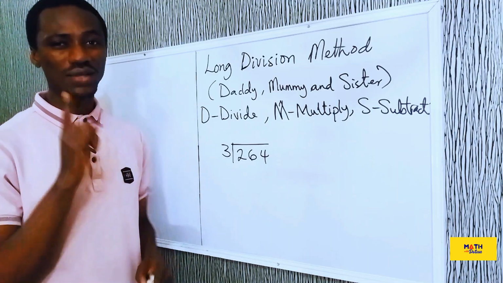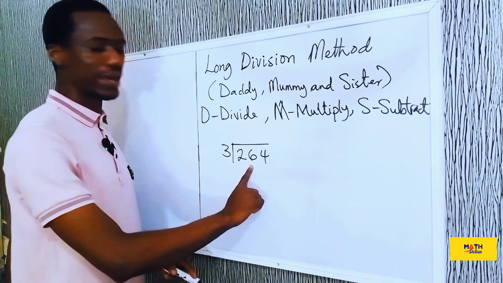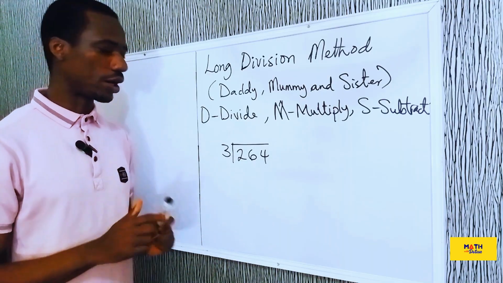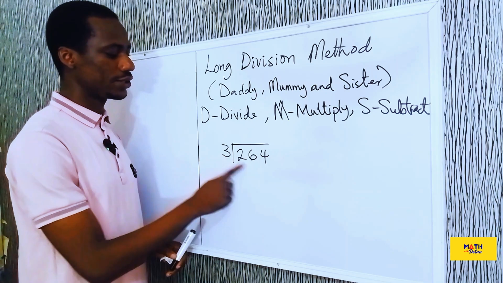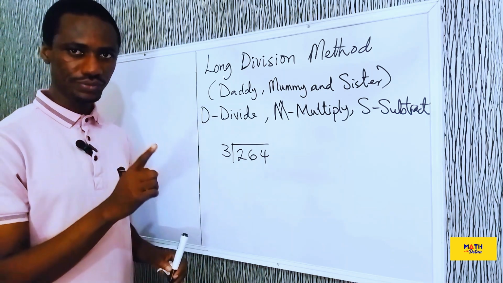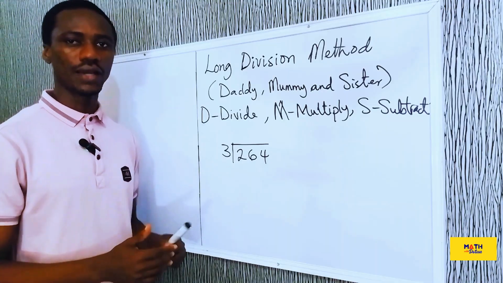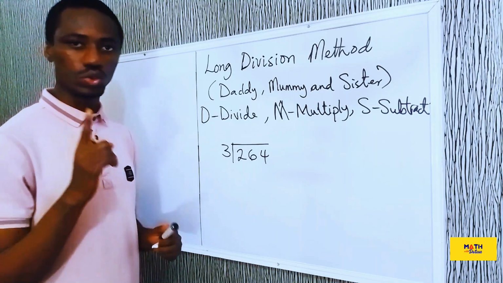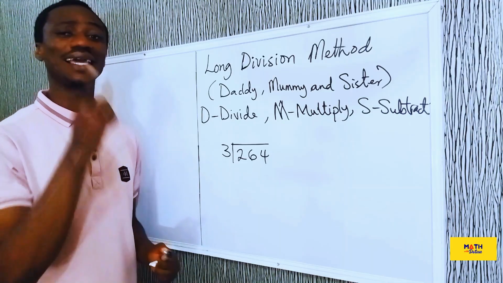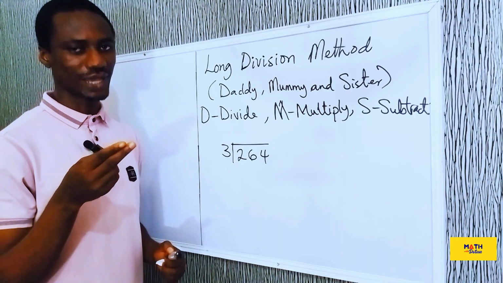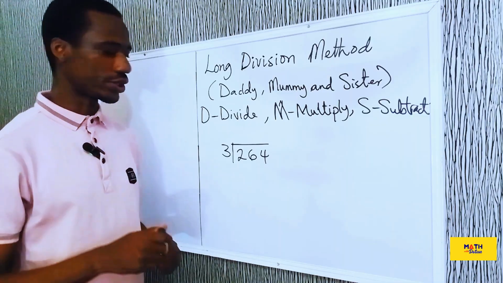Don't pair them. So I'm not going to say 3 in 26. No. I'm going to say 3 in 2. If I have a remainder, I bring it down and continue that way. So the first rule, take it digit by digit. Don't join the digits together. That will save you a lot of stress.